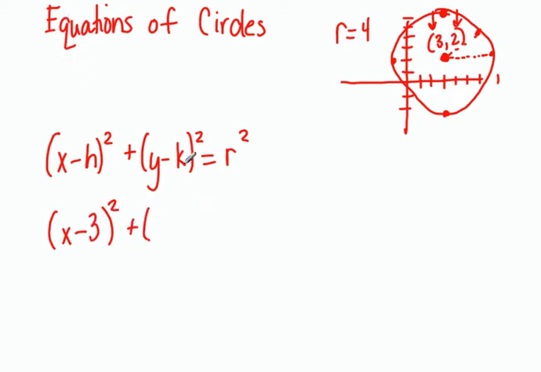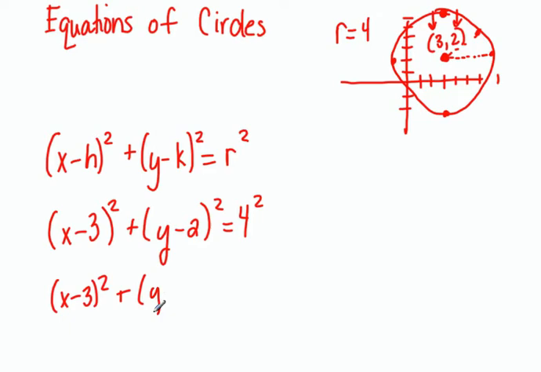If the y is 2, what's going to be in here? Y minus 2 squared. And what's the radius? 4 squared. The radius is 4, but on this side you have 4 squared. So your equation here would be (x minus 3) squared plus (y minus 2) squared equals 16.